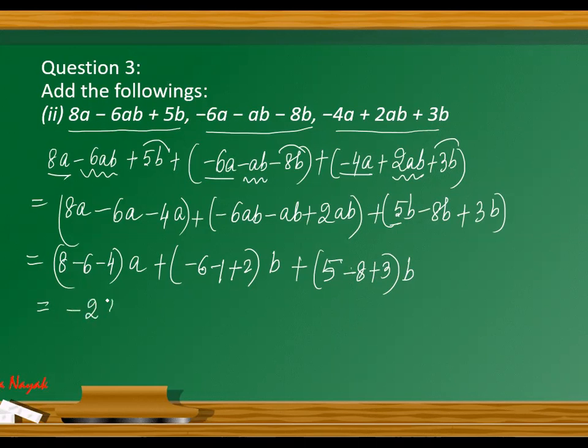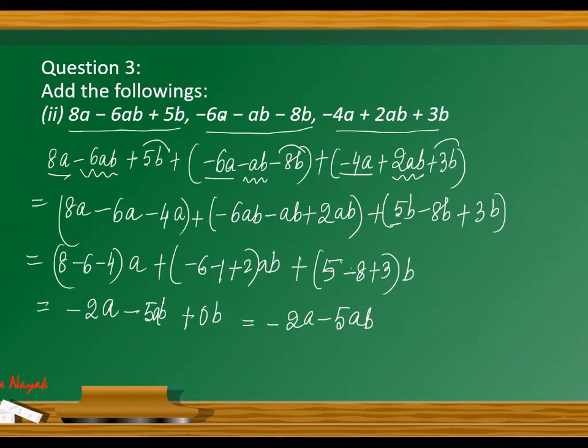Is it minus 2? Yes. Minus 6 minus 1 minus 7 minus 5ab. Is it okay? Then plus 8 minus 8 plus 3, it will be 0. I made a mistake, these are all the ab terms, and b is 0b. So the answer is minus 2a minus 5ab.